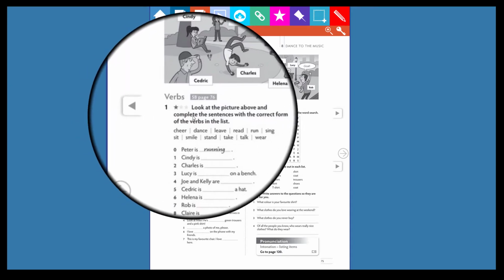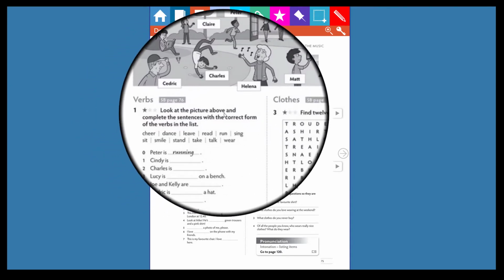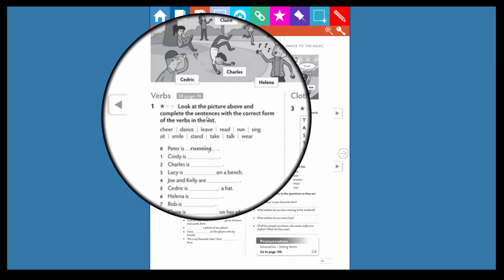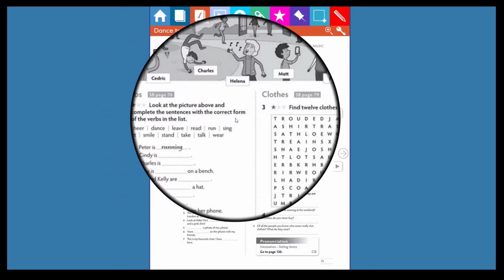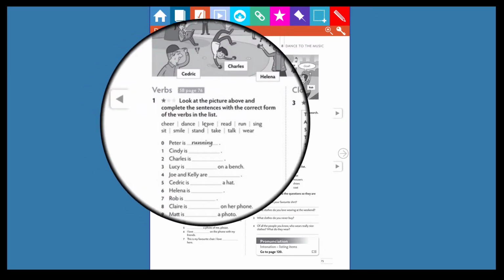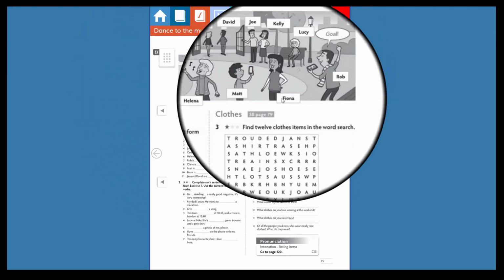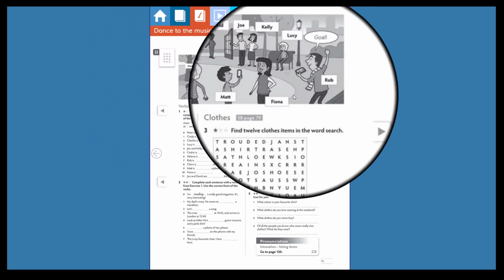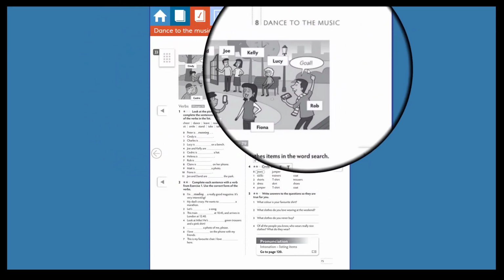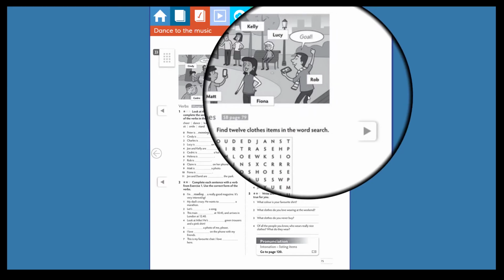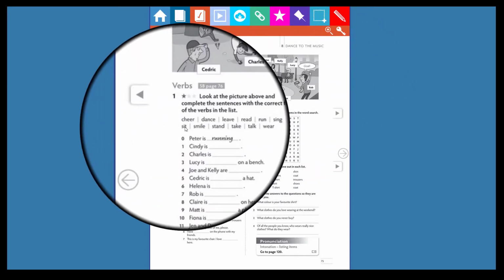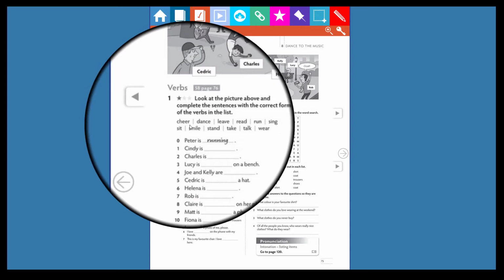Number 1 says, look at the picture above and complete the sentences with the correct form of the verbs in the list. These are the verbs and this is the picture. So you have to pay attention to all the characters, to all the activities that they are doing at the moment. Okay? First, let's check the verbs.